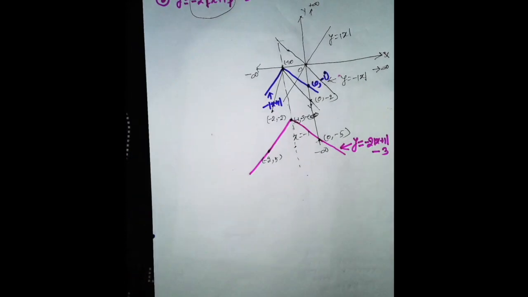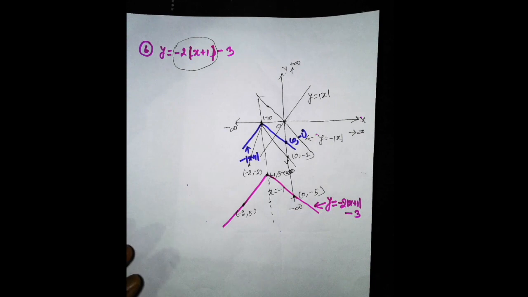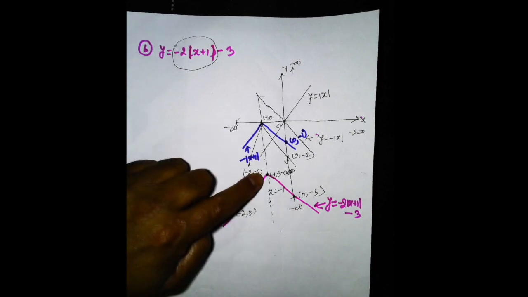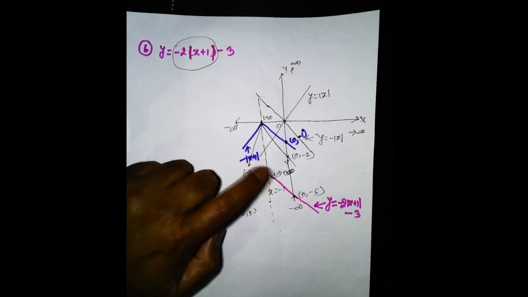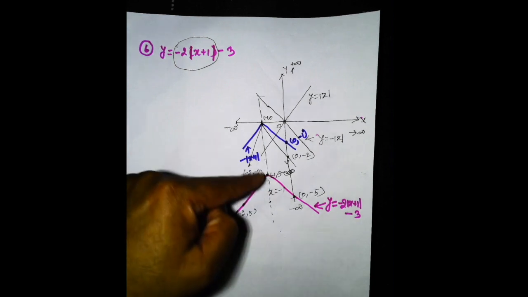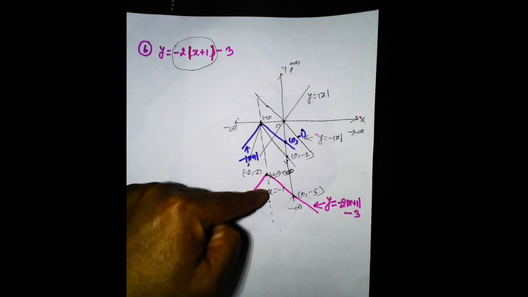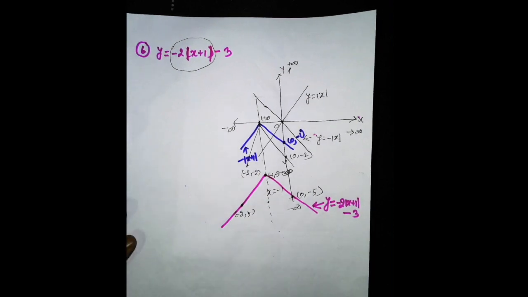What about the domain and range of this function? From the graph, you can see that the maximum value of y is -3. So the range is going to be y less than or equal to -3. When you go down from this point, all the values of y will be lesser, in decreasing order.